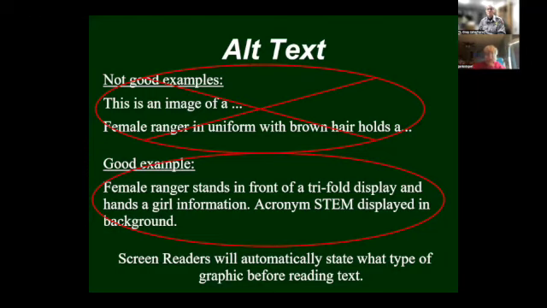And a screen reader is the automatic robot that's in the computer that is reading what's on the computer to the person who is blind or visually impaired. So if we wrote in our alt text, this is an image of, the screen reader would literally read, this is an image of, this is an image of. Really redundant. So you just start right away with the picture of your description.